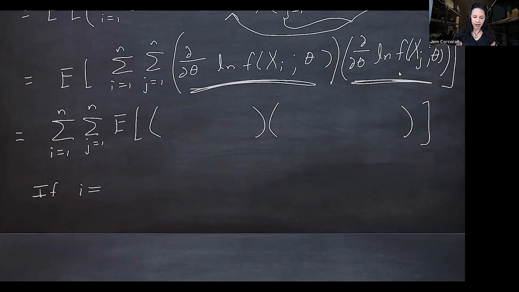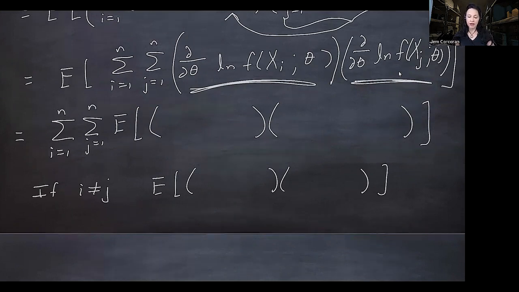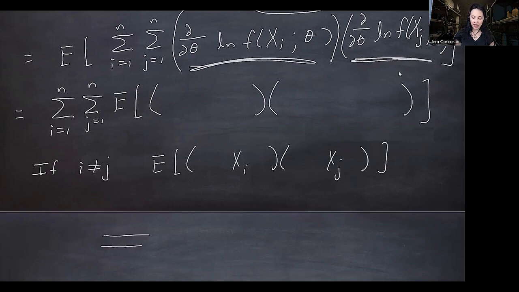if i is not equal to j, we have the expected value of, I'm not going to write it, let me know if it's too confusing. We have this expectation, and this one has an xi in it, and this one has an xj in it. And if i is not j, then we have a function of one random variable and a function of an independent random variable. So by independence, this would break up into the individual things in a product.